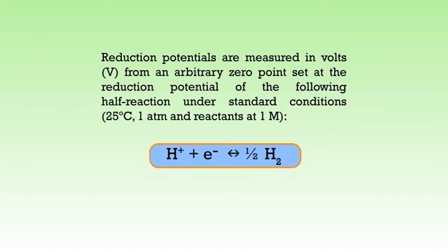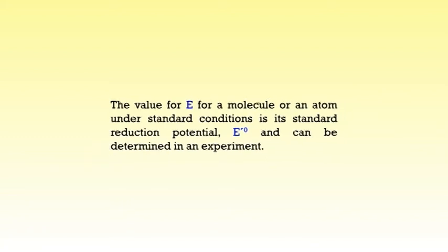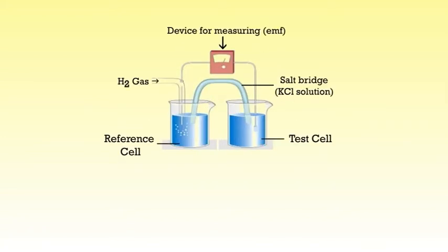That is, 1 hydrogen ion plus 1 electron gives rise to half of a hydrogen molecule. The value of E for a molecule or an atom under standard conditions is its standard reduction potential, denoted by E prime naught, and can be determined in an experiment such as that described in this illustration.